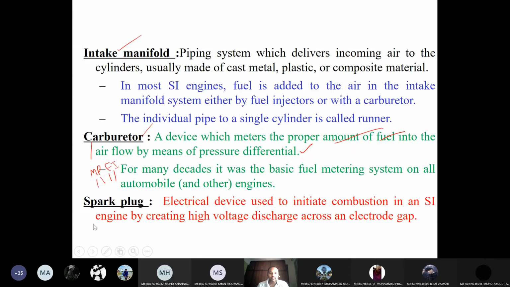The main problem with the carburetor is this. If you compare diesel and petrol, which one is viscous, which has higher viscosity? Petrol.